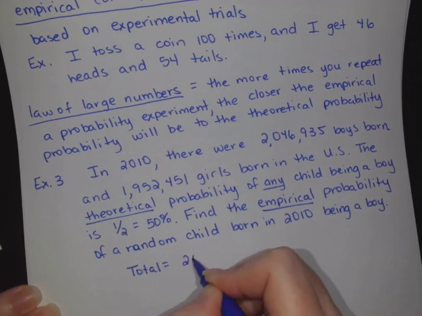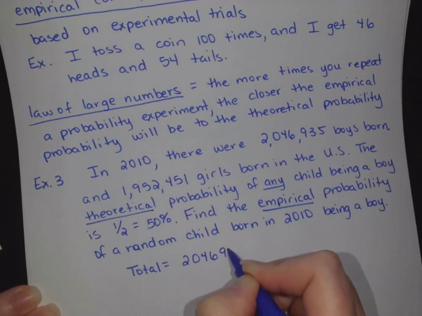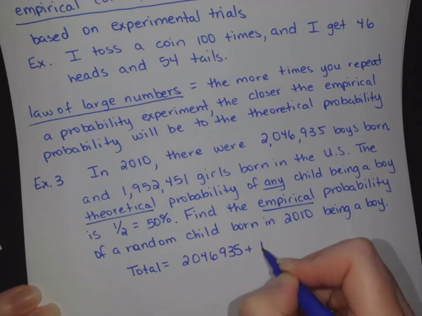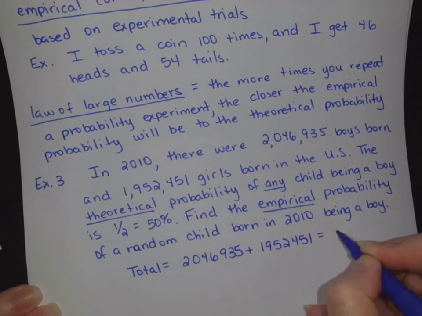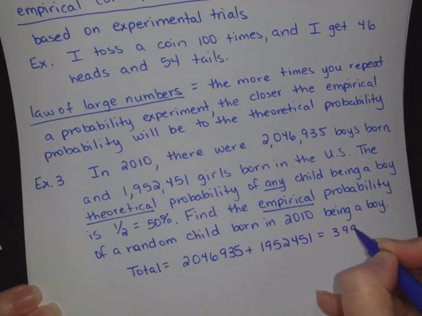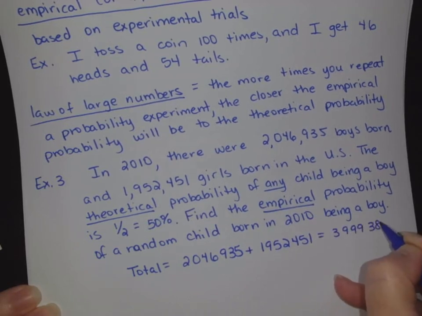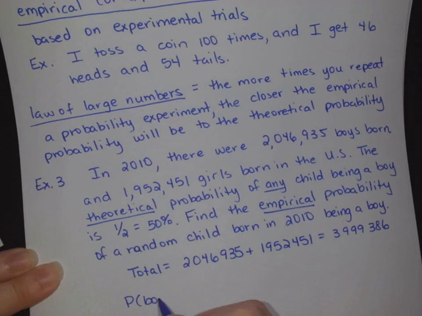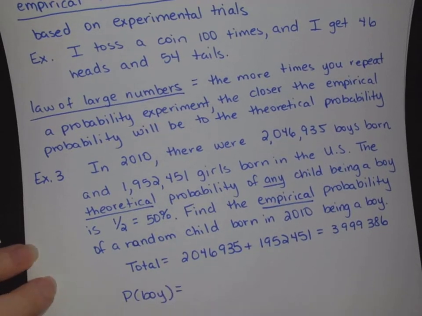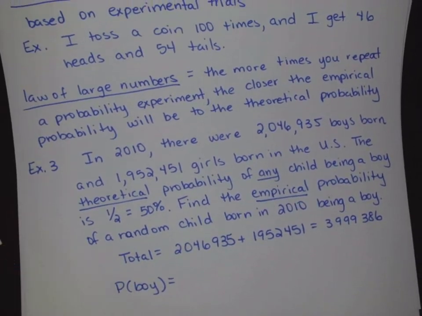And for that, we're going to take the number of boys plus the number of girls. So we're going to use our calculator, but we get 3,999,386. I'll let you check me on that, but I'm pretty sure that's right. And so the experimental probability of a boy, again, if we asked for theoretical, it would always be 1 out of 2. Okay?